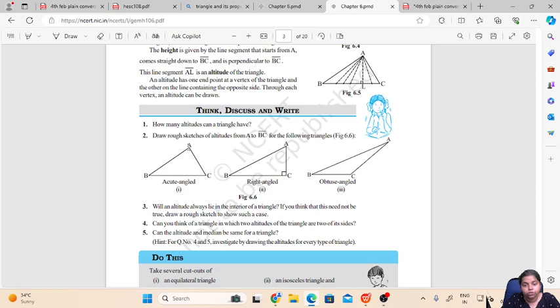We have to draw a line from the vertex A to the side BC. So on this line only the altitude will be present. We'll draw it. Wait.